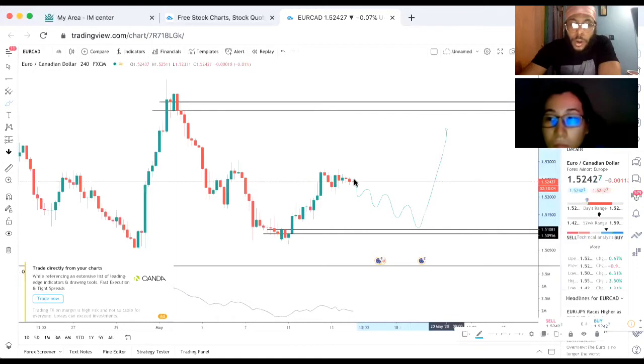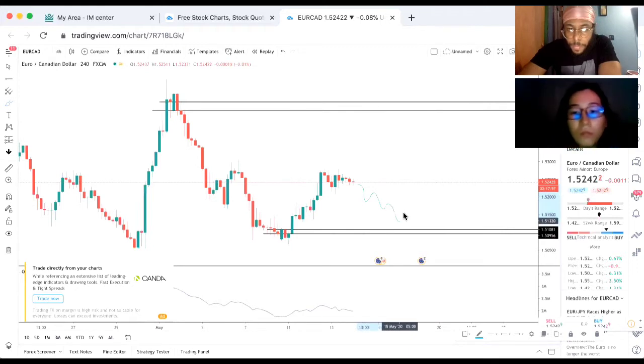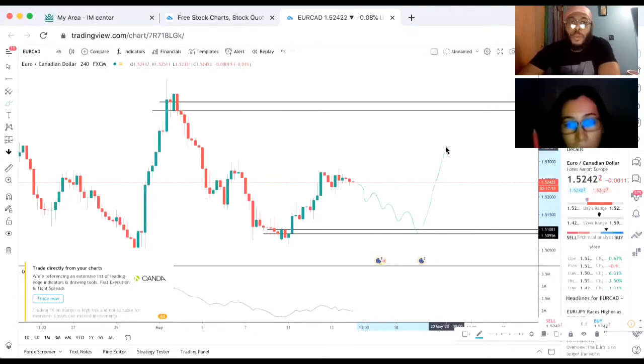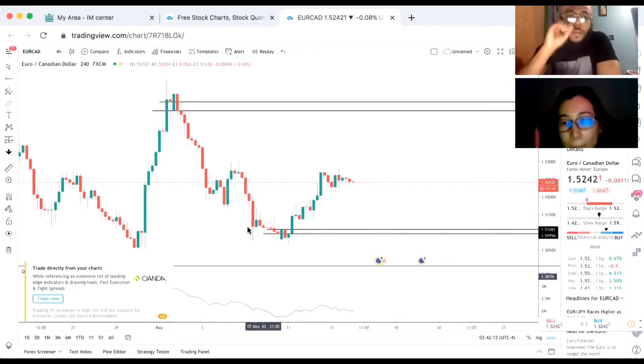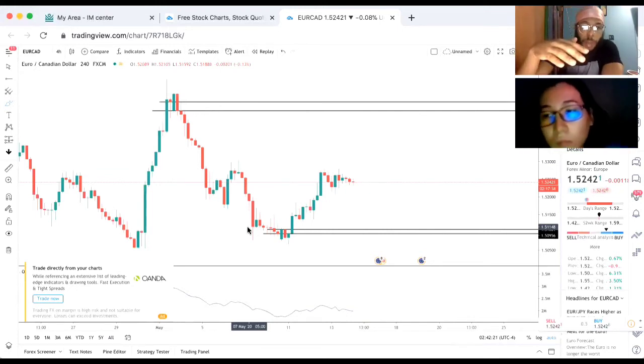Or we can wait for it to hit the second one, and from there it goes up. Points of interest are really important because they give us good entries at the top and at the bottom.